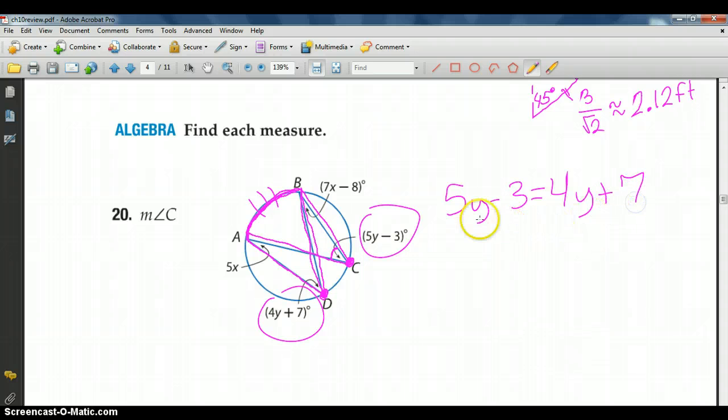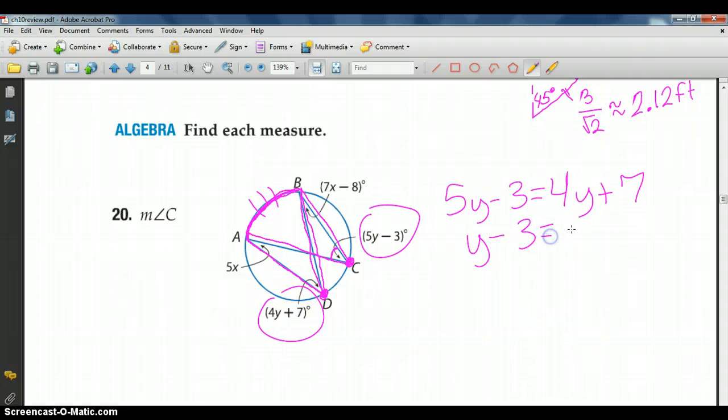So subtract 4y from both sides. Sorry, I did that backwards at first.